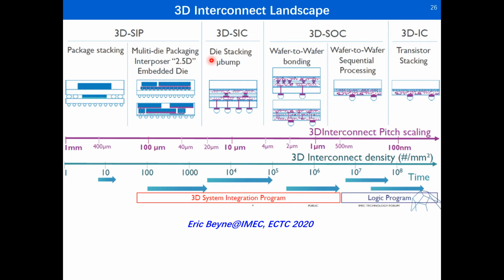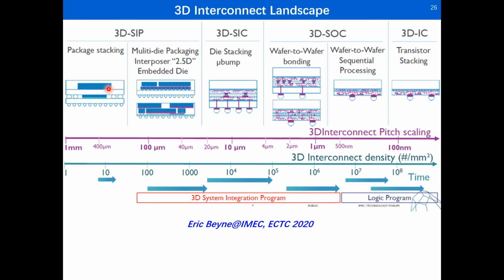On this page, we show the 3D interconnect landscape. It is presented by Eric Beyne from IMEC. It shows the 3D interconnect at different levels: package, die, wafer, and transistor. Actually, we have discussed them earlier.